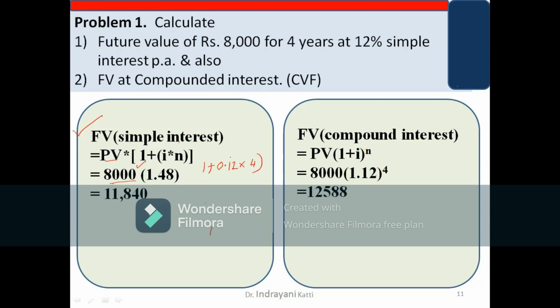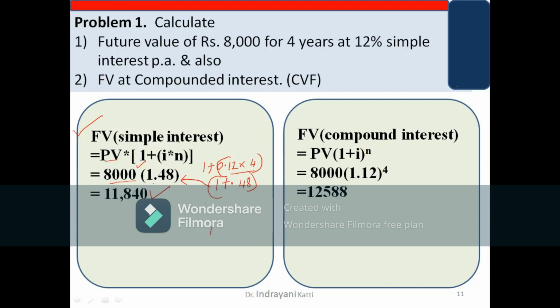We do the multiplication first: 0.12 multiplied by 4 years gives 0.48, and 1 is added to this. 1 plus 0.48 becomes 1.48. So that is 8,000 multiplied by 1.48. We get the answer as rupees 11,840.